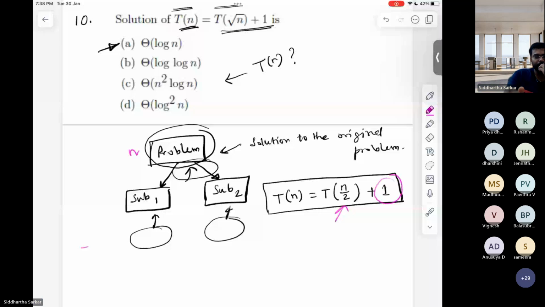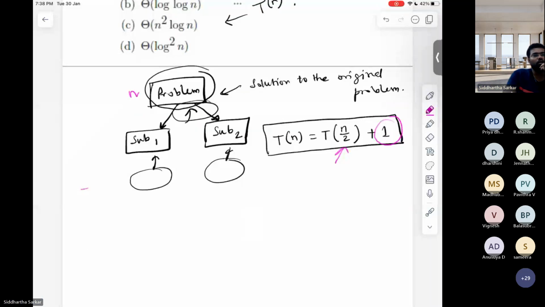So what has happened is we are going to count how much running time is consumed. With a cost of 1, you have been able to reduce the problem size. Now you have a smaller problem of size n by 2, and on that problem, you are asking, okay, now that I have a smaller problem, how much running time will be required?